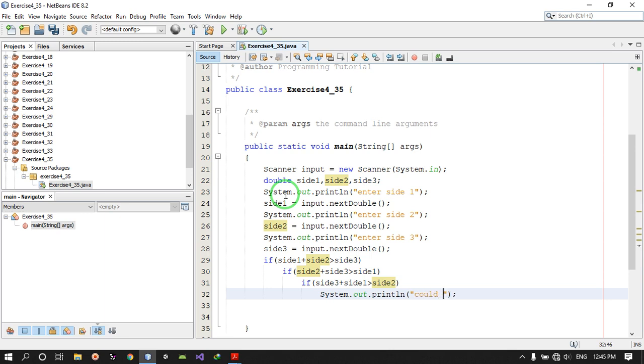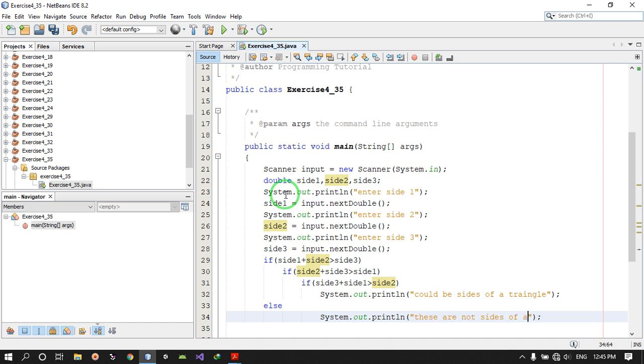Could be sides of a triangle. Otherwise, else, these are not sides of a triangle.